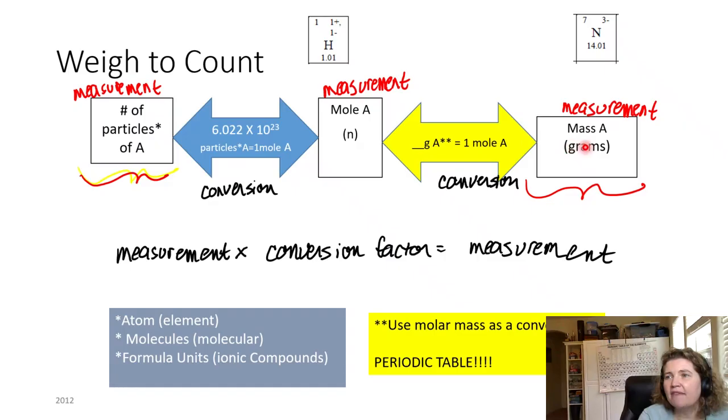If you have mass and you want number of particles, then I have to go through the bridge measurement, which is the mole. So you go from grams, use the conversion factor in yellow, grams to moles, to get the measurement of moles. Then I'll need a second conversion factor to go to number of particles. So let's use an example.